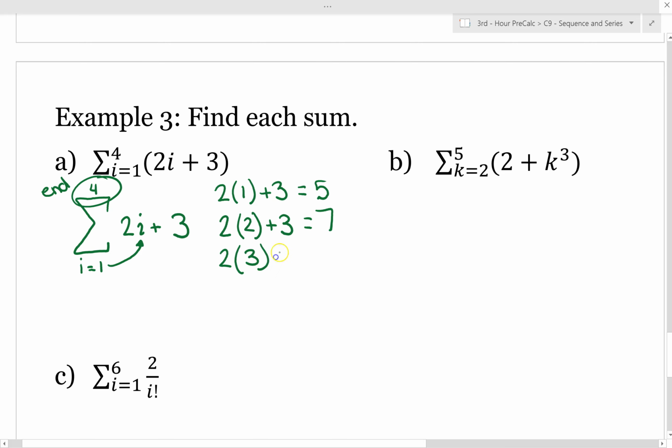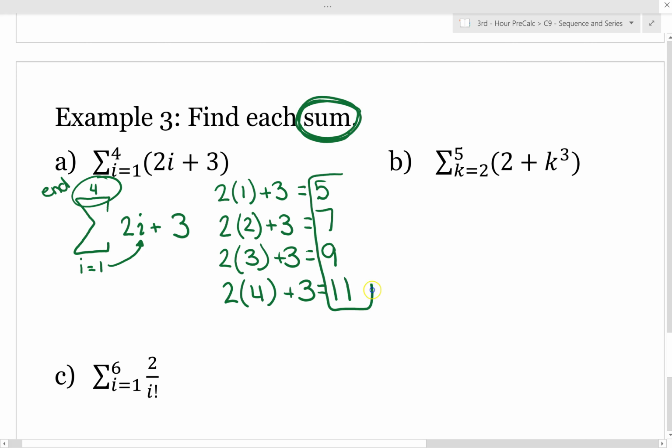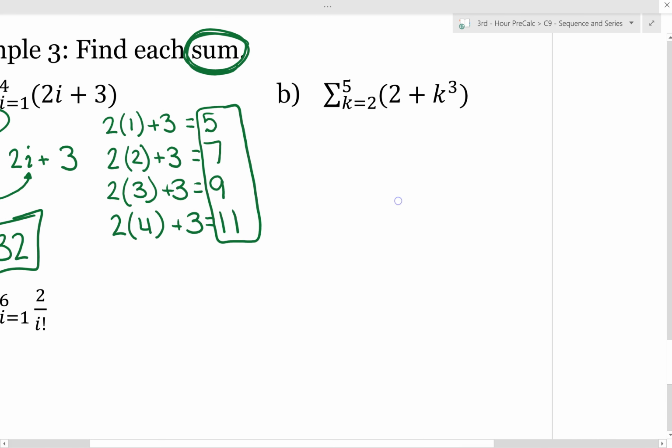2 times 3 plus 3 is 9. 2 times 4 plus 3 is 11. Now remember, I'm doing a summation, so I want the sum. So what is all of these numbers added up? The answer is 32. Okay, the next one is the same thing, but this time it wants me to start with a 2.